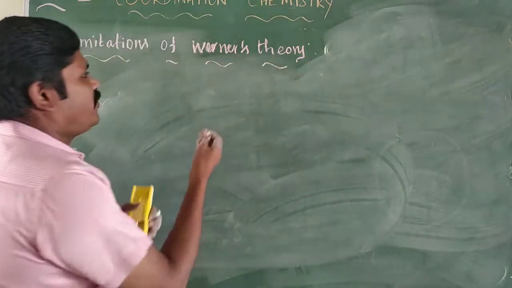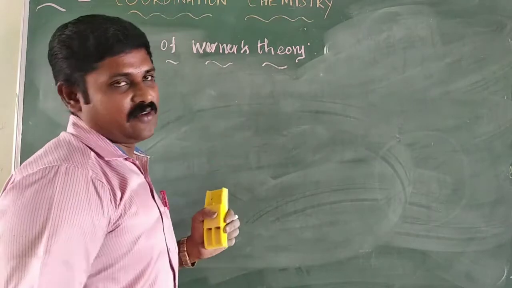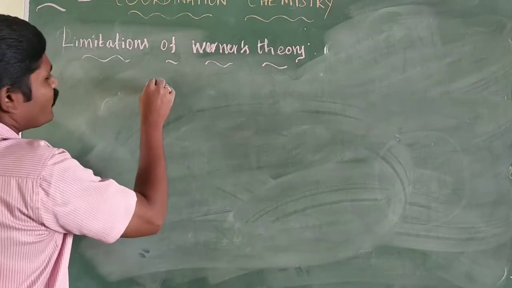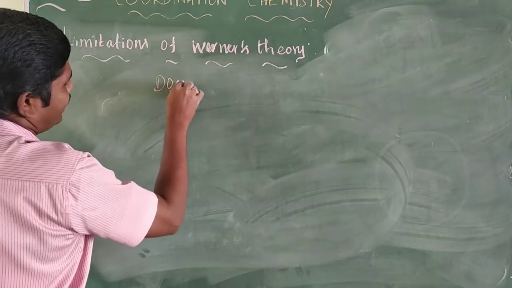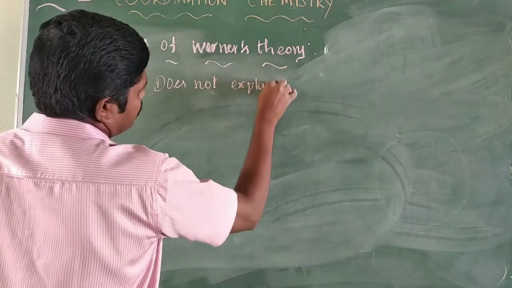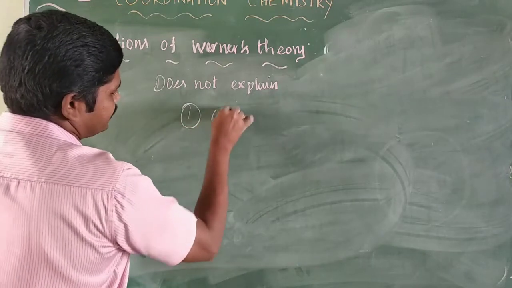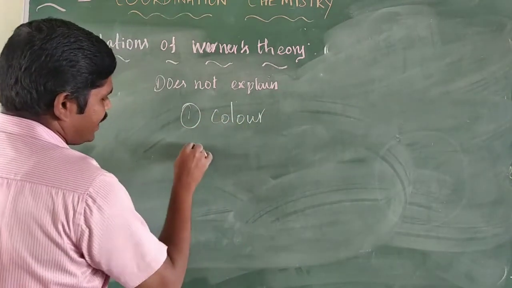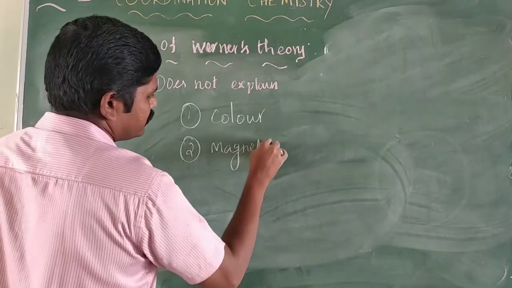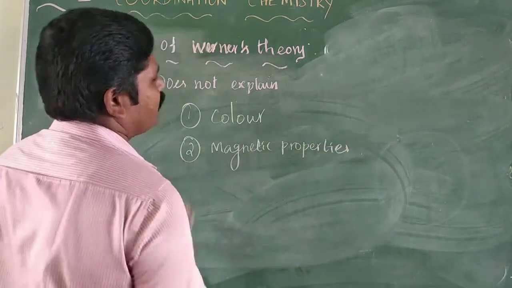Werner's theory was able to explain a number of properties, but it does not explain color and magnetic properties.